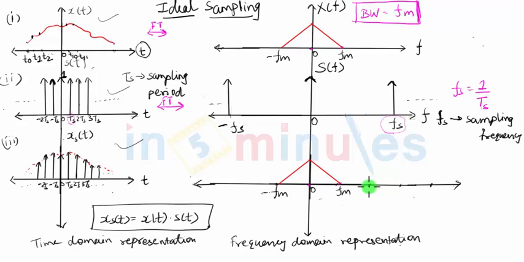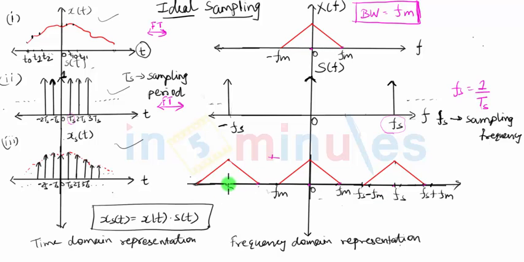So in simple words, whenever these impulses occur in the frequency spectrum, around every impulse we will have one original frequency spectrum available. As you can see, the original frequency spectrums are shifted on both the sides. The one on the right hand side will be present around fs, so this will be fs. Point fm will be present at fs + fm, and this point will be present at fs - fm.